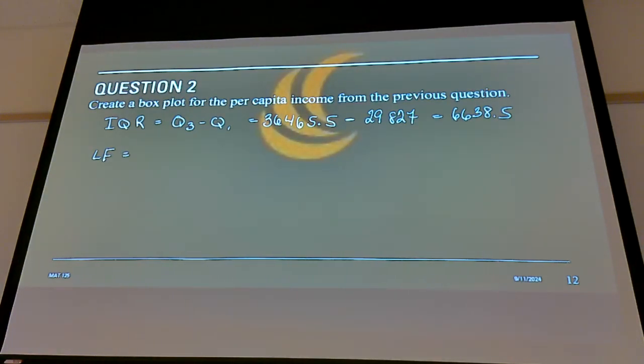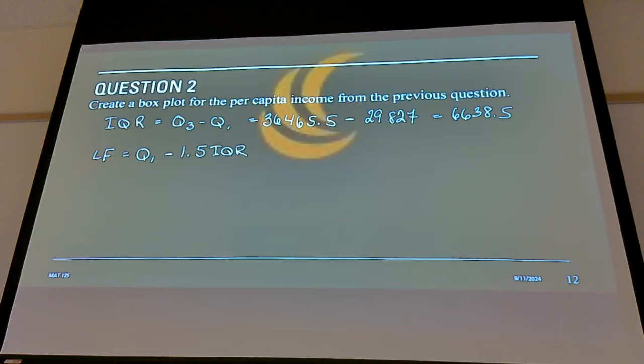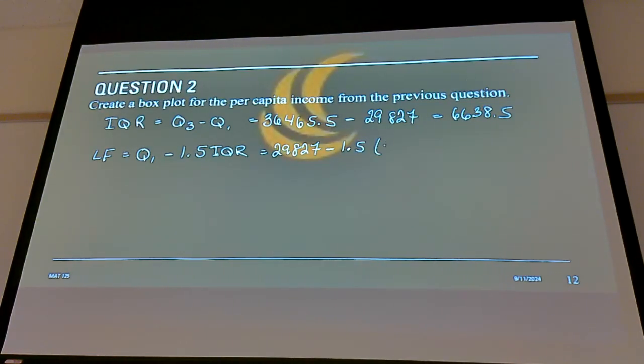Lower fence: Q1 minus 1.5 times IQR. That's 19,869.25.